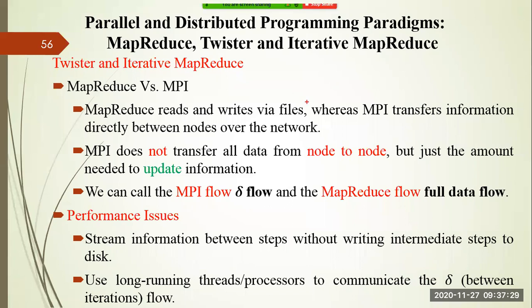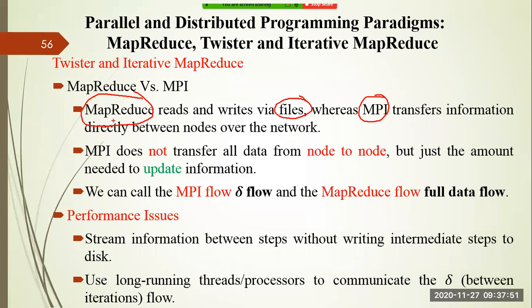We have seen that input is a file and output is a file in MapReduce. But MPI transfers the information directly between nodes over the network. So MPI is dealing with the network, but what happened in the network?